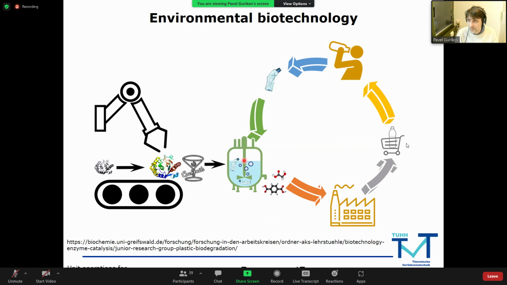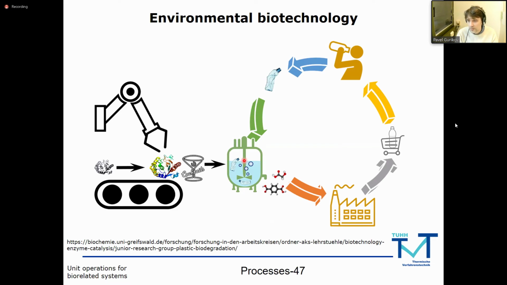So it is a big thing to develop more stable enzymes for such detergents, and to make washing and cleaning formulations more biodegradable. That is of course also an issue.